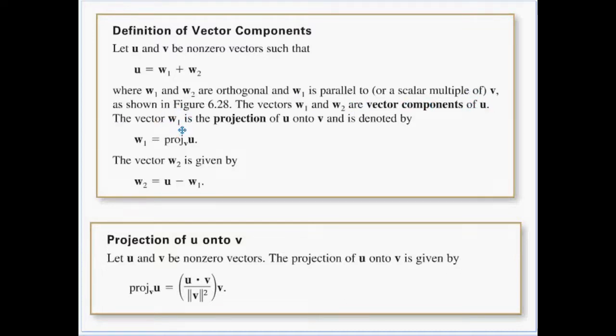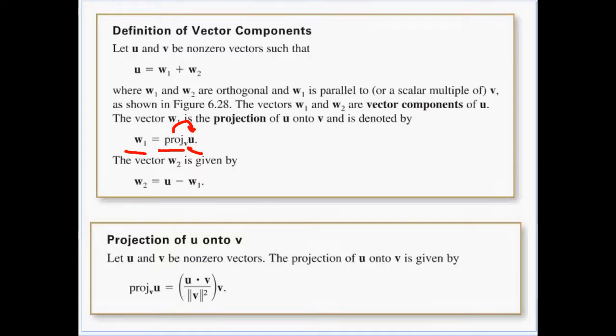The vector component W1 is a projection of vector u onto vector v, and it's denoted like this. Vector component W1 is the projection of u onto v. The second vector component is given by, we just subtract vector component W1 from the original vector u.